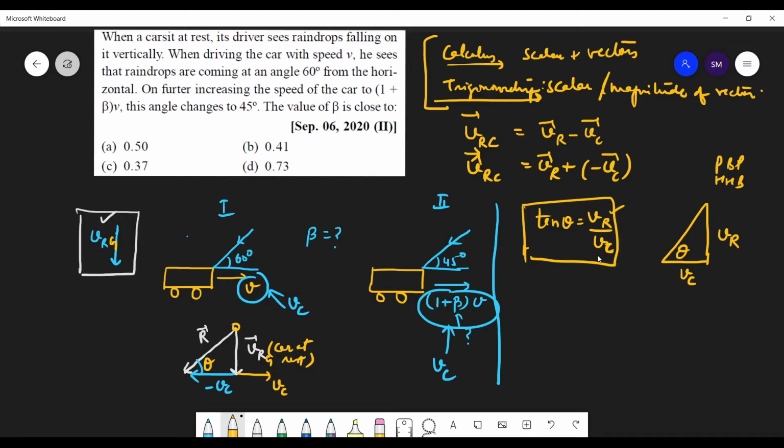The more the velocity, the lesser this whole quantity will be. Tan 0 is 0 and tan 90 is infinity, so 0 to pi by 2.